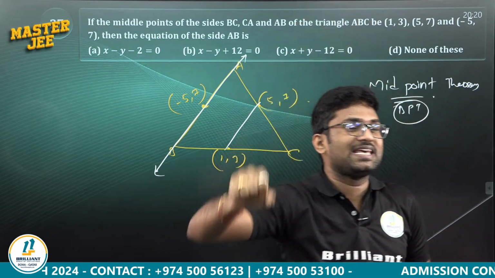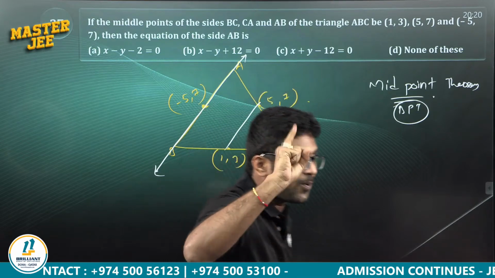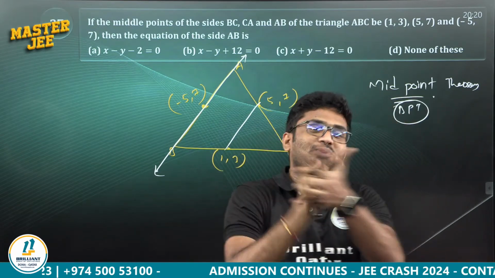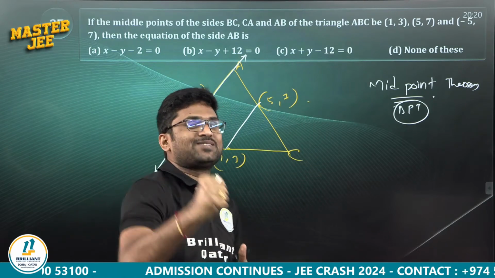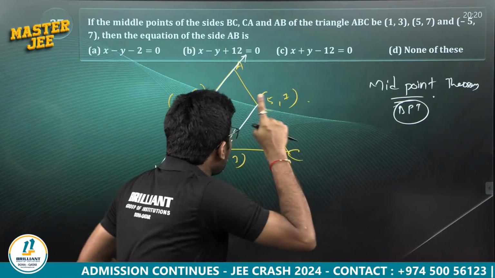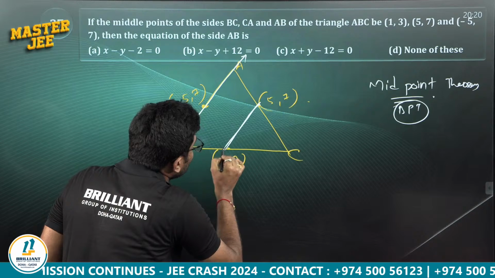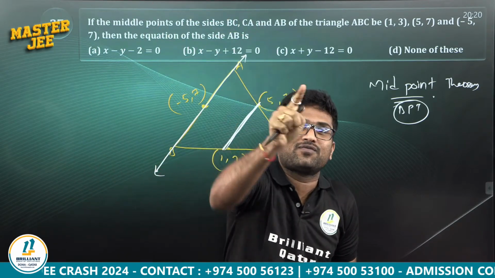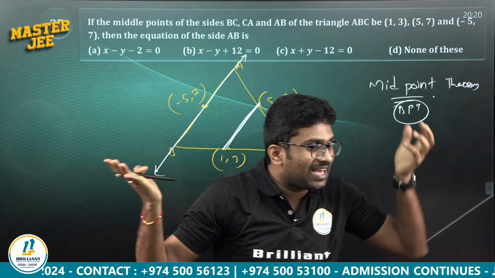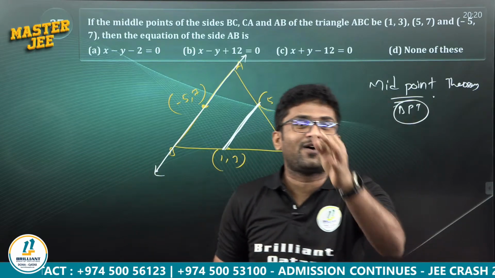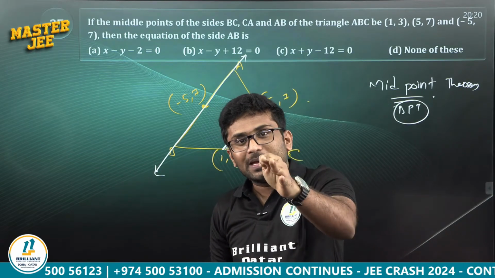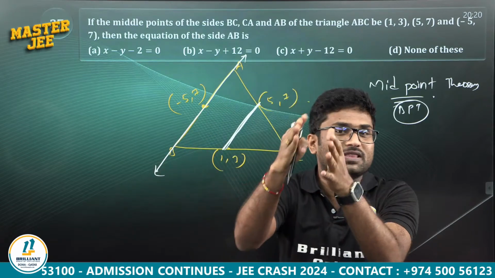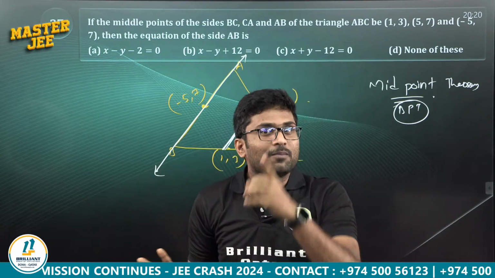What does the midpoint theorem state? They are parallel. Beautiful, Ashmita. Exactly. The line joining the midpoints of two sides of a triangle will be parallel to the third side and half of the third side. Generally we don't need the length, only the parallel.